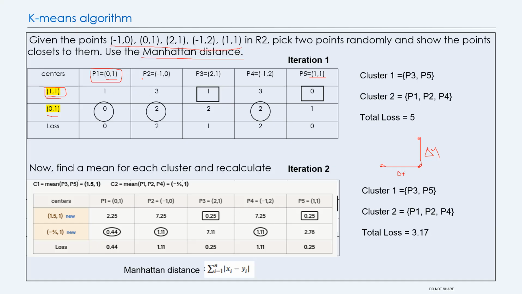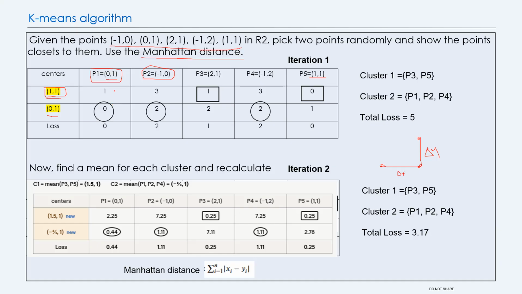Similarly, if you take this point and (1, 1), we take minus 1, that's minus 2, but we take the absolute value, which is 2. Then 0 minus 1 is minus 1, take the absolute value, which is 1, so we get a total of 3. So you get the idea. We compute the distance by subtracting x coordinates, subtracting y coordinates, and taking the absolute value.